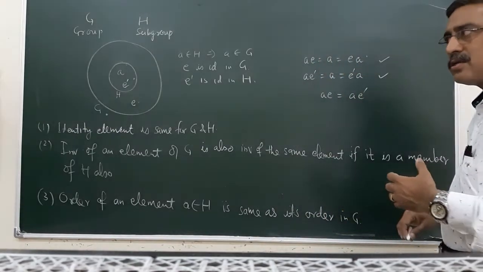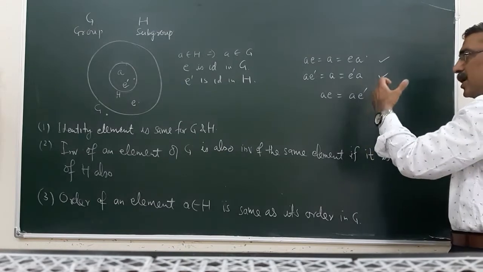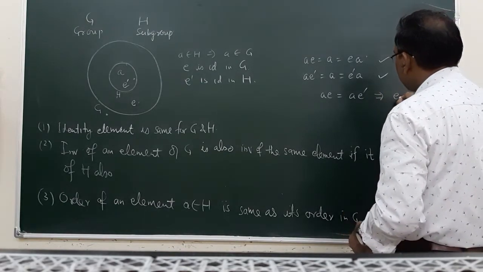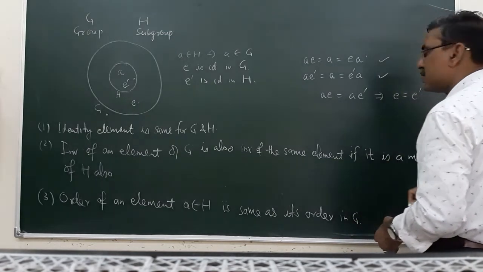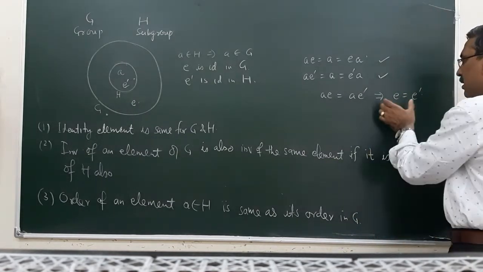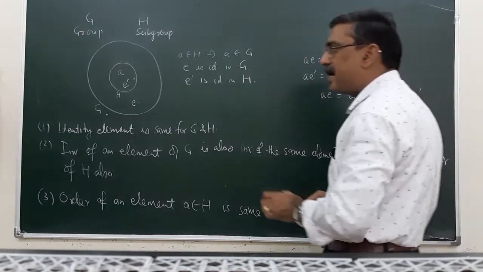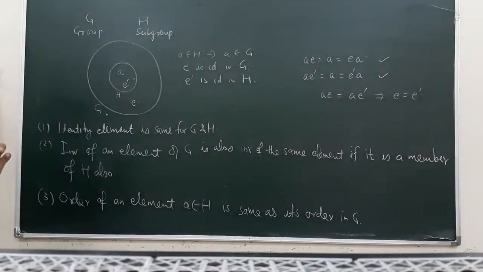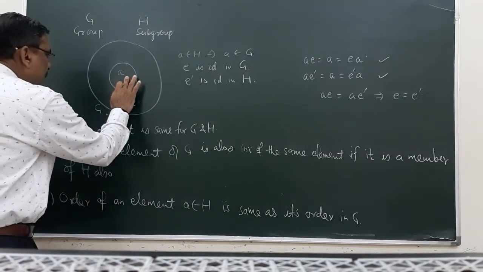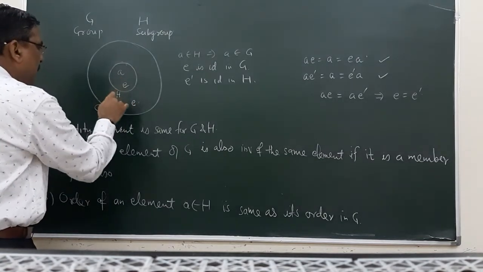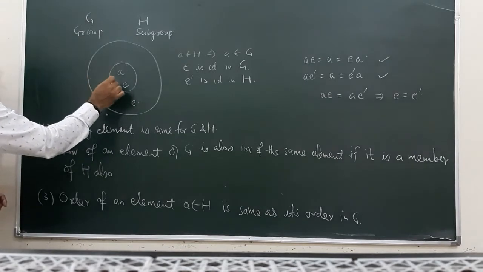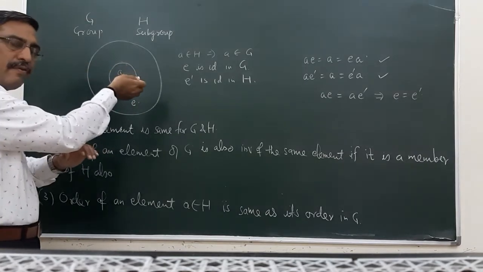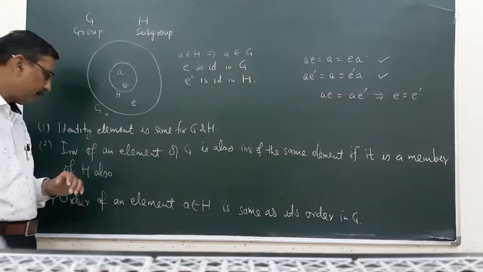And since G is a group, the cancellation law holds good, means E is equal to E dash. And thus we see that the identity element is the same for the subgroup as well as the group. Means E is the identity for G, then it will be the identity for H also.